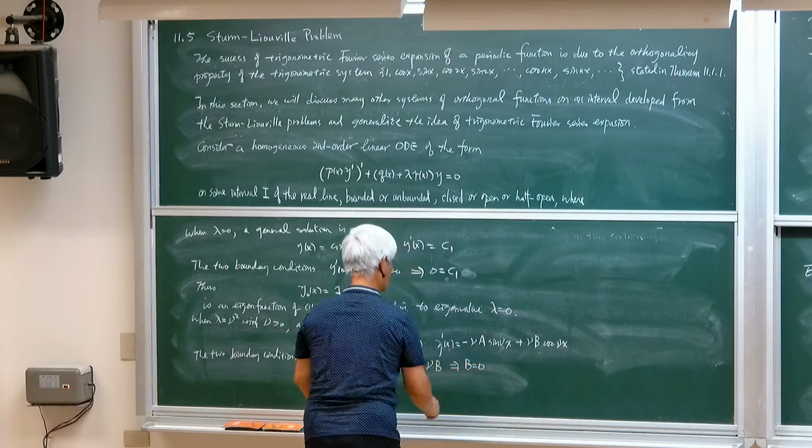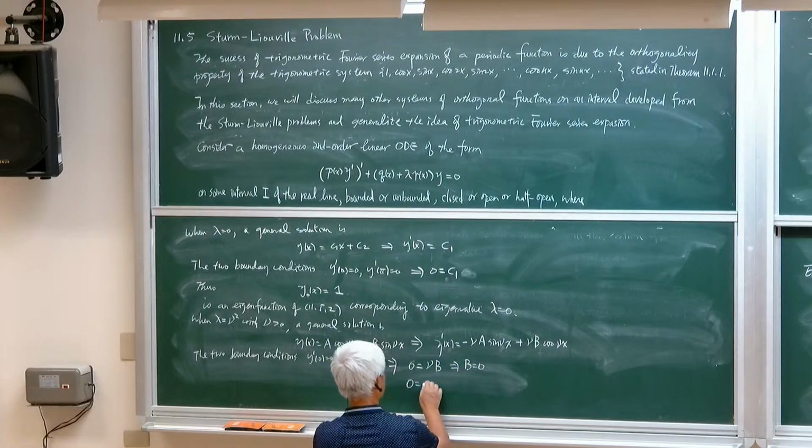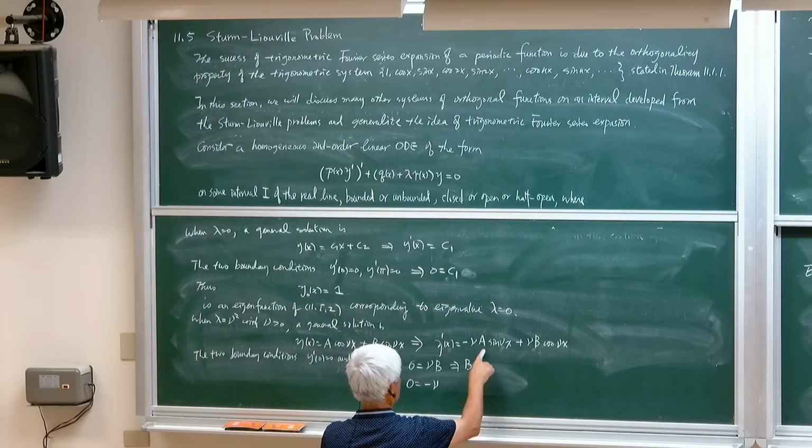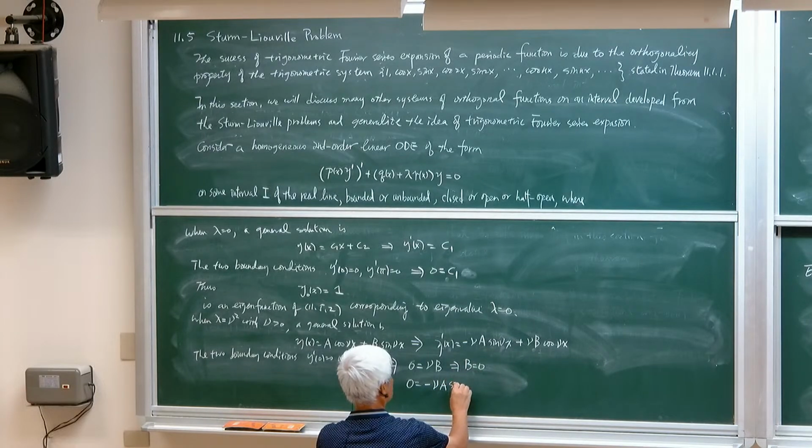we have minus nu, and so b is 0 really, so we have a and sine nu pi.